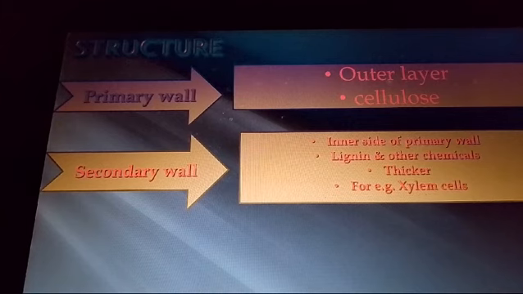The secondary wall is somewhat thicker as compared to the primary wall, and secondary walls are most of the time present in the xylem cells. The xylem is responsible for the transport of water and mineral ions in the plants. So secondary walls are present in the xylem cells, and xylem cells are present in the plants.